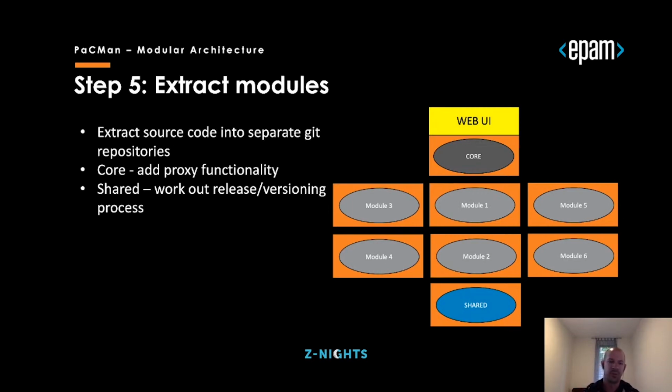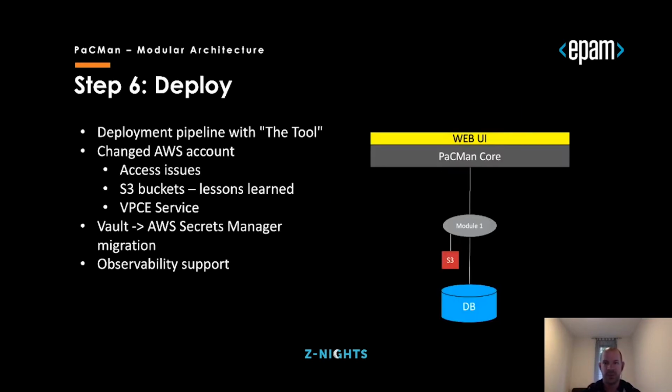And because the shared was an additional library, we had to add some release and versioning processes to add all of the modules as an external dependency. So that was a huge step.